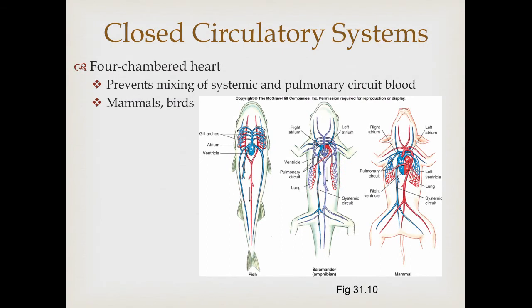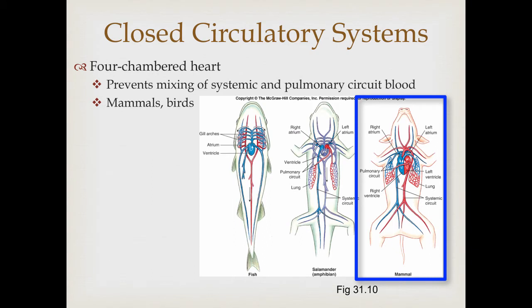The evolution of the four-chambered heart made this a much more efficient system. This prevents the mixing of systemic and pulmonary circuit blood. And this is seen in mammals, birds, and crocodilians. And in contrast to the three-chambered double circulatory system we saw in the salamander, you can see now that when blood is pumped into the left atrium from the lungs, it then dumps into its own ventricle, the left ventricle, before it's pumped out to the rest of the body.